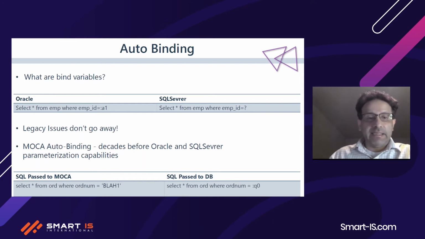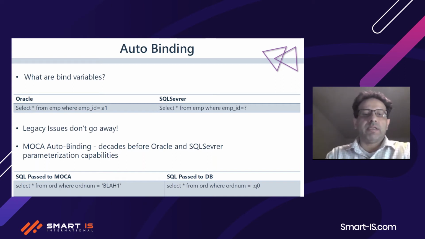This was back in the 90s, and the concept was quite straightforward: it would simply look at literals in a SQL statement and replace them with a bind variable, and do all the magic behind it. Because every SQL statement goes through the Moca layer, that was feasible.